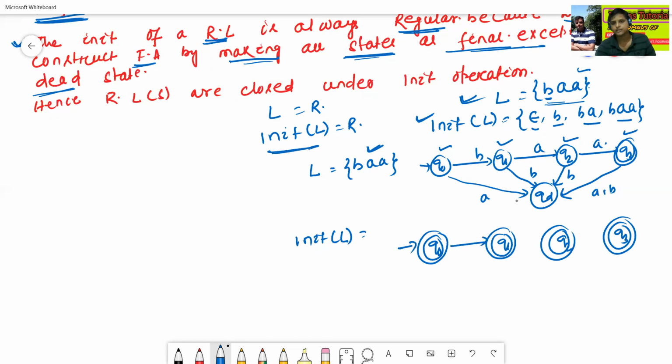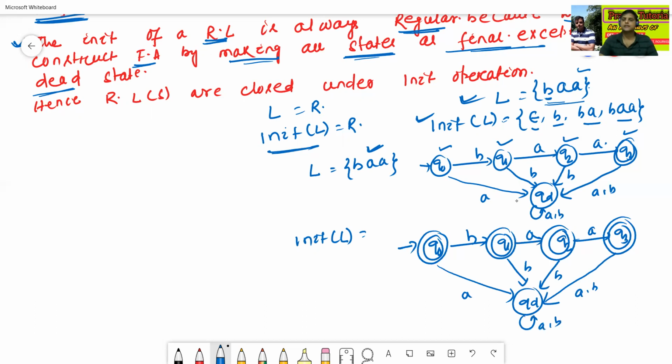So this one is B, this one is A, this one is A. This is QT, with A, B, B, and A comma B. Sorry, this one is also a self loop, because the dead state has a self loop on all inputs.